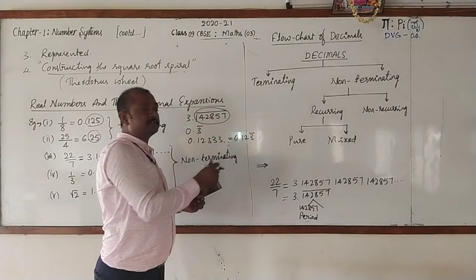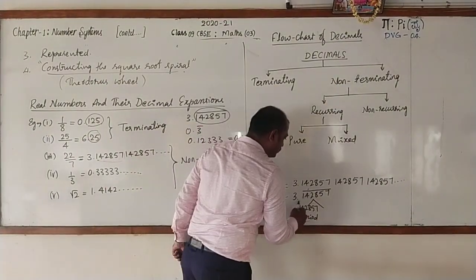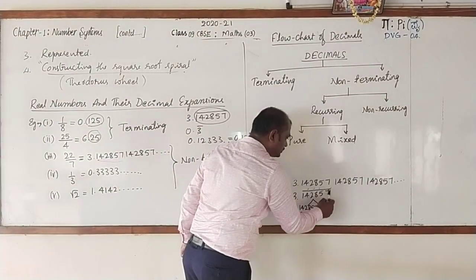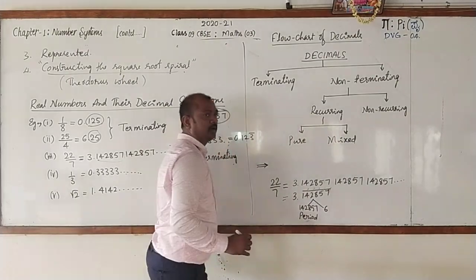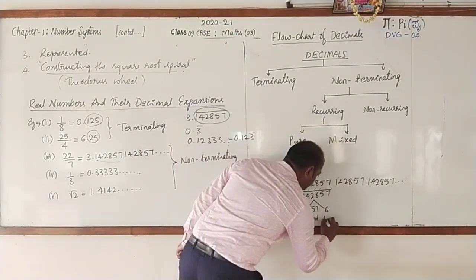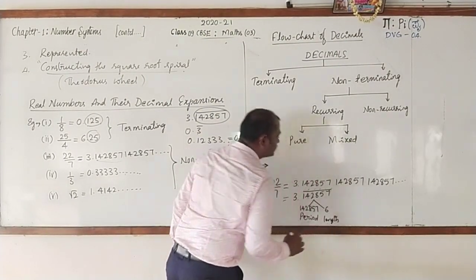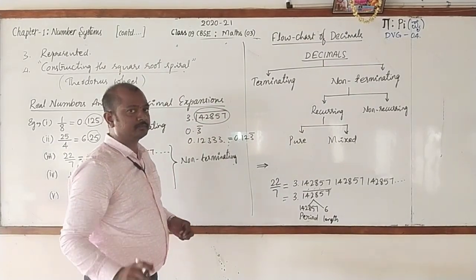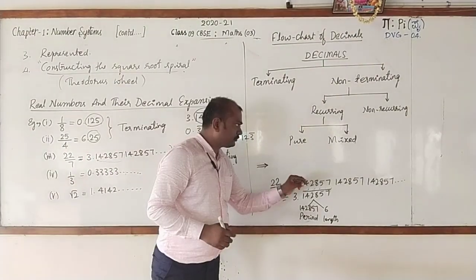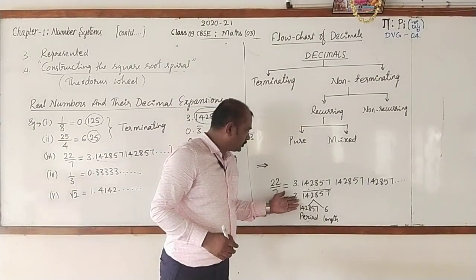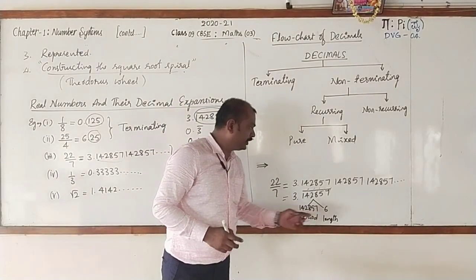But how many digits are repeated? Count it: 1, 2, 3, 4, 5, 6. And 6 is called the length. Got it? So we have just come to know period and length.